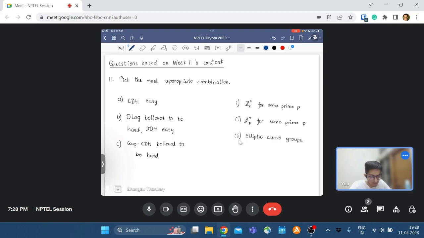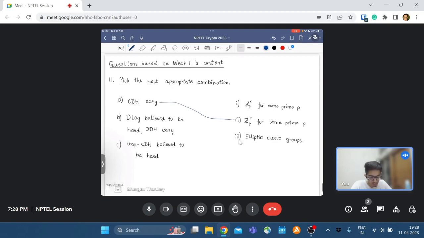The first option is CDH is easy, and this should be combined with Z plus P for some prime P, because in fact, we saw in one of the previous problem solving sessions that in this group the D-log problem is easy. And we already know that if the D-log problem is easy, then the CDH problem is also easy in that group. So A should be matched to 2.